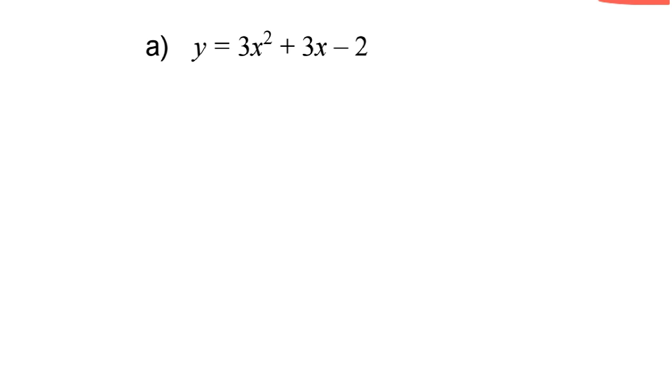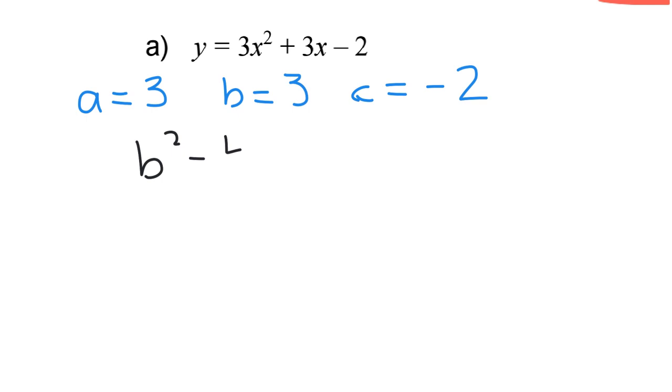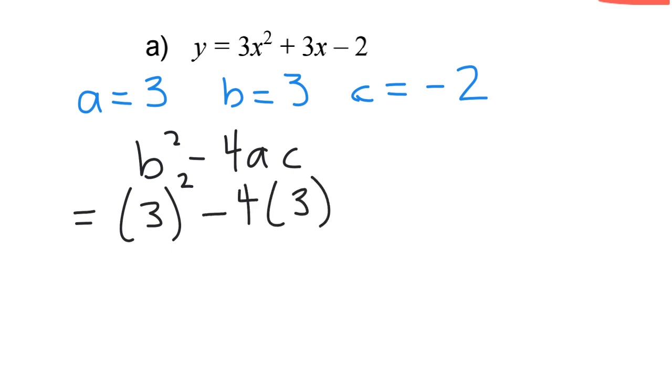So all we're going to start by doing is pick out the a value, the b value, and the c value. So my a value for this equation is 3, my b value is 3, and my c value is -2. We're going to plug those numbers into the discriminant. So b is 3, which has to be squared, minus 4, multiplied by 3, multiplied by -2.